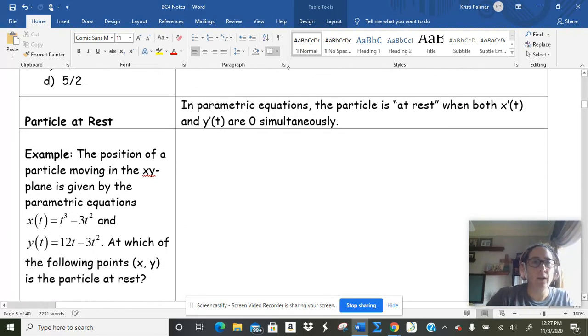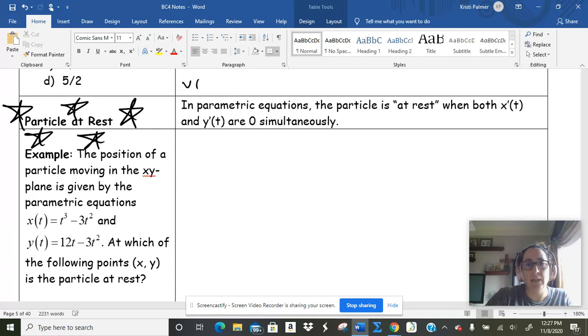So one more thing, we really want to know this, okay? The particle at rest, well, back in rectangular, I knew the particle was at rest when the velocity was 0. So we learned that in calculus 1. But now that we are in parametric, we have to have both of the equations, the x prime and the y prime, being 0 simultaneously. So they both have to equal 0 to be at rest.